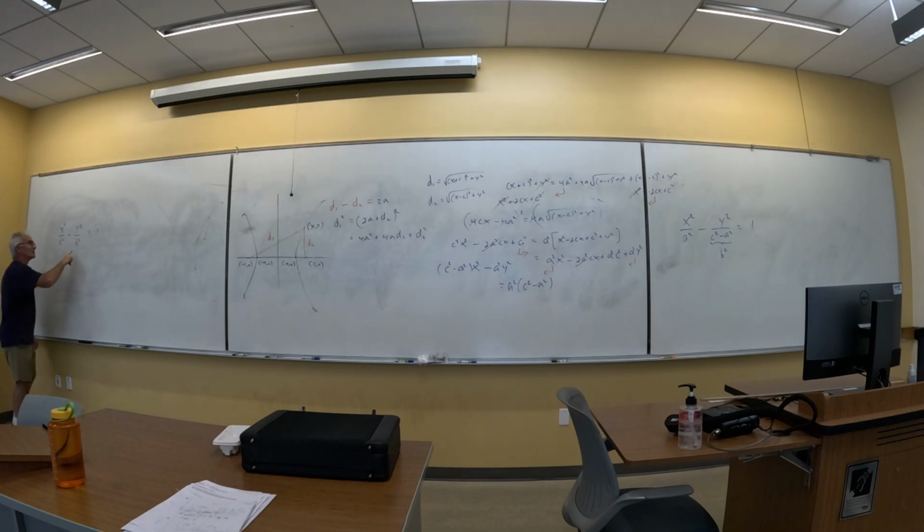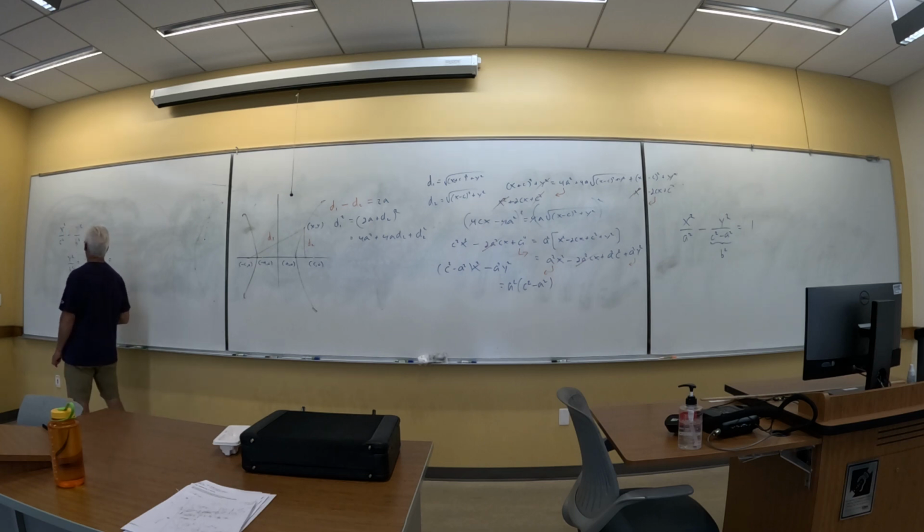I would like to solve for y. So the first thing I would do is rewrite this as y squared over b squared equals x squared over a squared minus 1. Agree? Just a little flip-flop.